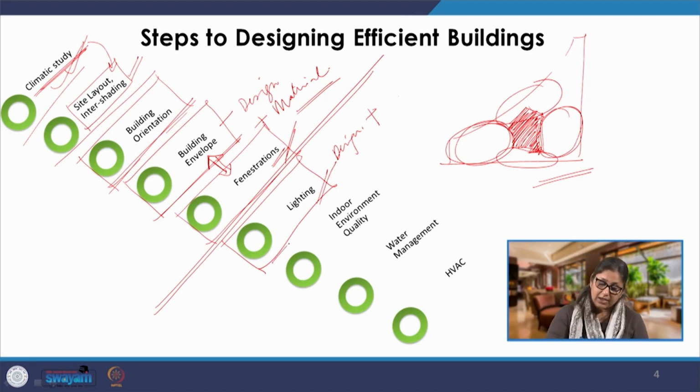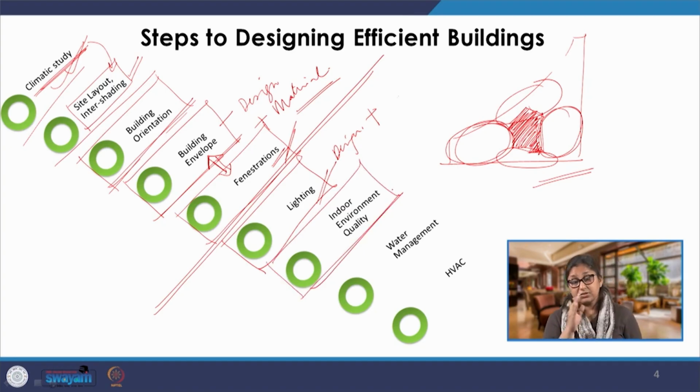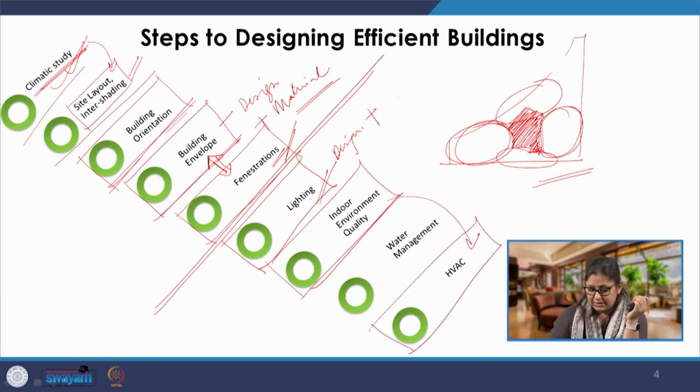Then we go on to monitor the indoor environment quality, which has different components to it. So, we have the temperature, which we are trying to control and handle through these passive design measures, but we have to see how much carbon dioxide is being produced and what ventilation rates are there, and based upon that we will decide the HVAC system in the last.